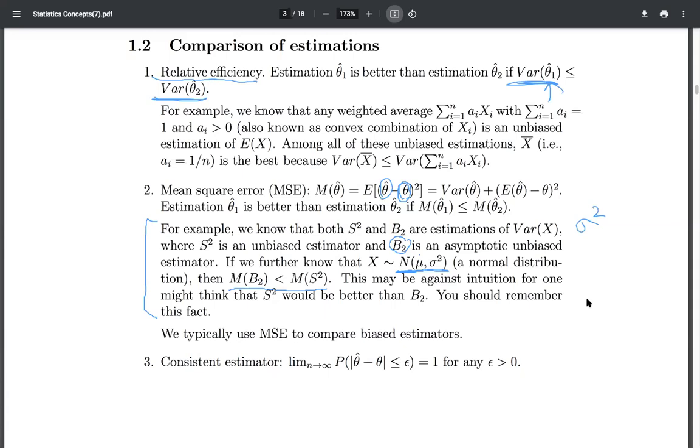Okay, so the other one is that you just take the limit and take the probability that they are very close. If you have a large number of samples, and the probability that the difference is smaller than epsilon is equal to 1, that means this is a good estimate.